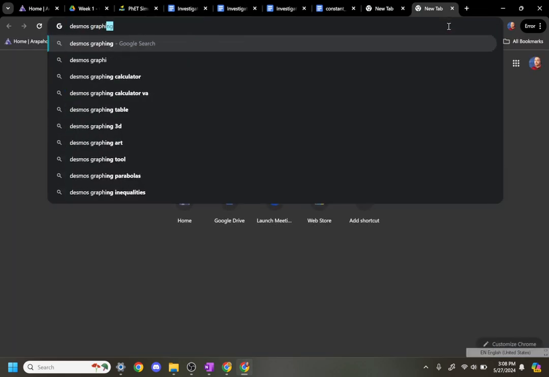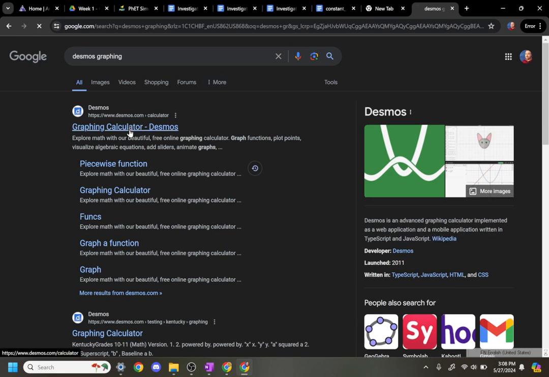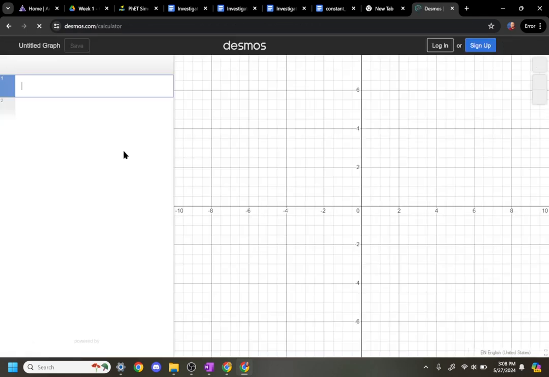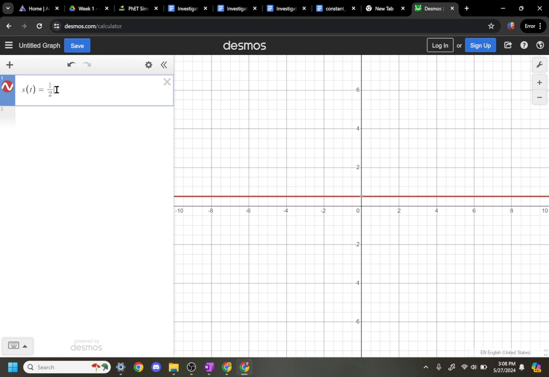Desmos graphing is usually what I go with. It's the first one. So I'm going to type in exactly what I just found, that my position as a function of time is equal to 1/2 times my acceleration times time squared plus a v naught times t plus an s naught.